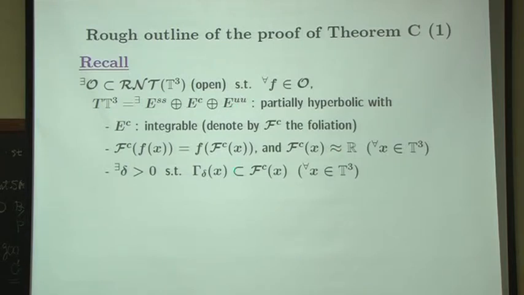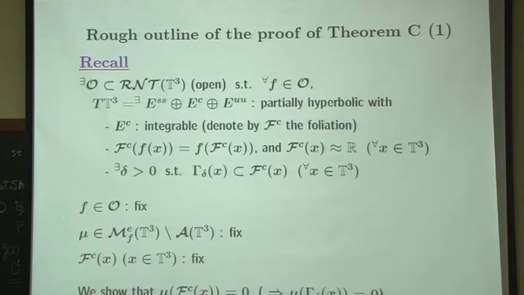This is our target set, and it's contained in. So what I'd like to show is that the measure of gamma delta x is equal to 0 for any ergodic measure.